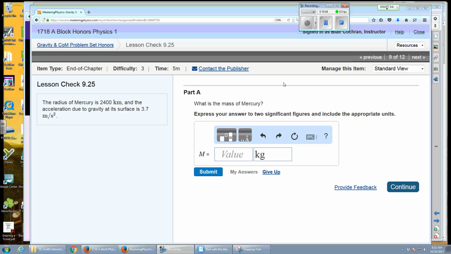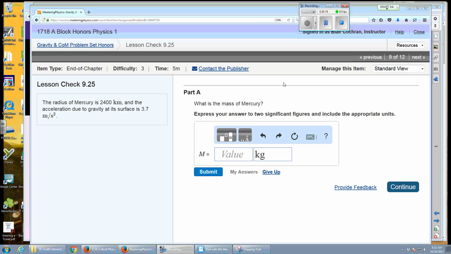All right, so number 9 gives us a planet, Mercury here, gives us the radius in kilometers, but then gives us what they're calling the acceleration due to gravity, which is equal to the gravitational field strength. So when you're in a gravitational field, the gravitational field strength has the same magnitude as the acceleration due to gravity.